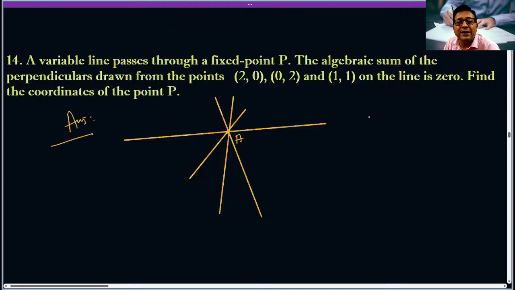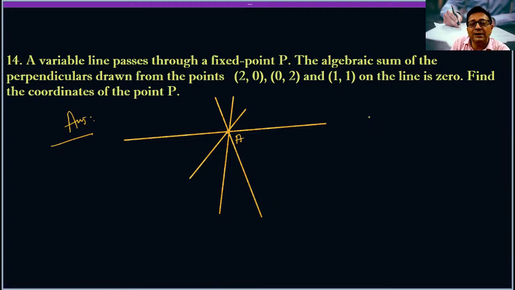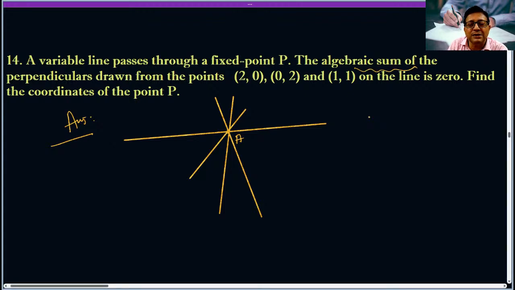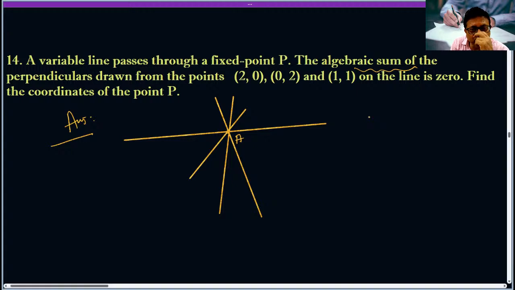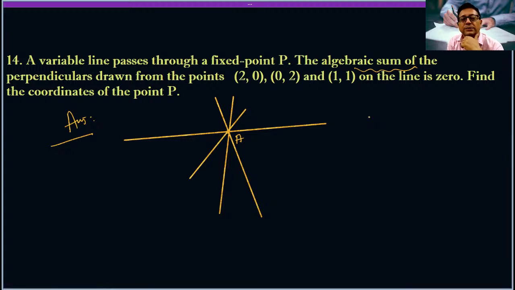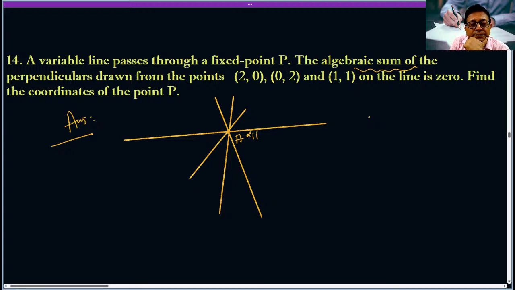This point will lie on all the lines. Now points are there: 2, 0; 0, 2; 1, 1. Algebraic sum of perpendicular distances. Fixed point, coordinate of the point P we have to find. This point you take alpha beta.